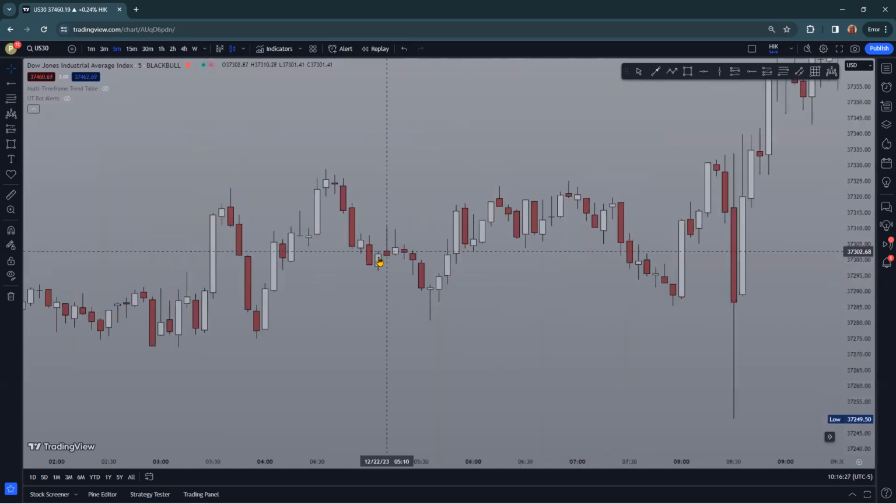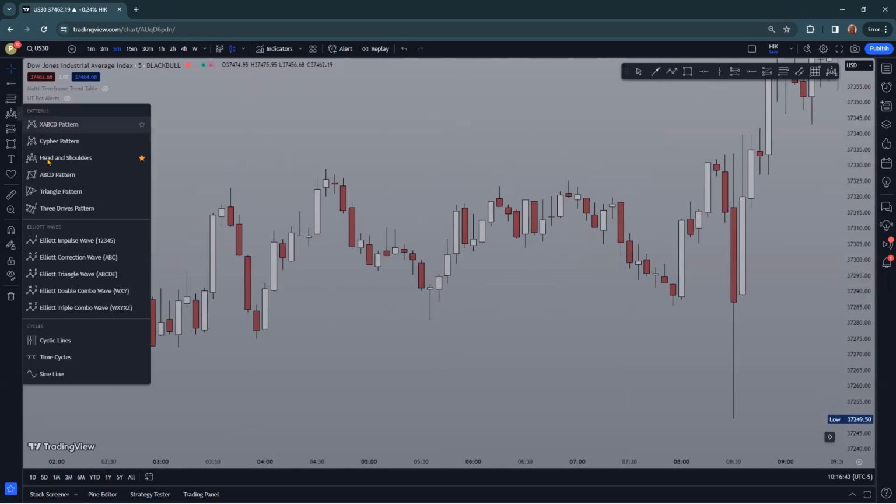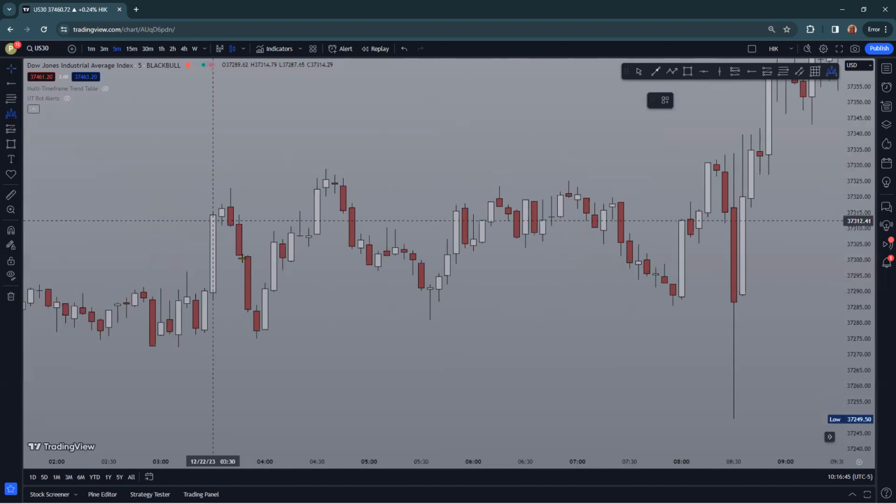You could probably find one here. Then let me see. This is one here. You could find it. Okay, this is the neckline. Shoulder, shoulder. So it's not going to be perfect all the time, but we're going to see. We can graph this out right here.